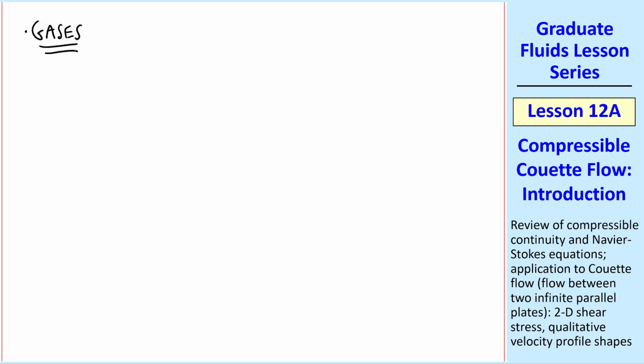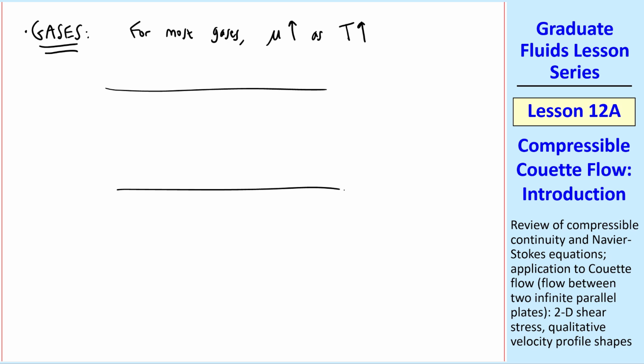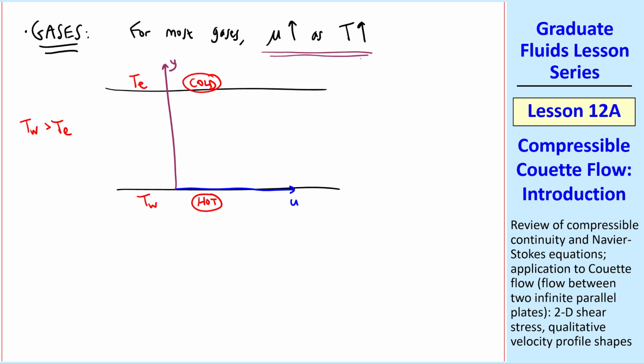Let's consider gases. For most gases, mu increases as temperature increases. So looking at our Couette flow, let's consider first the case where Tw, the temperature at the lower wall, is greater than Te, the temperature at the upper wall. In other words, this upper wall is cold and the lower wall is hot. Qualitatively, since mu goes up as temperature goes up, near the upper wall, mu is relatively small, therefore du dy must be relatively large.